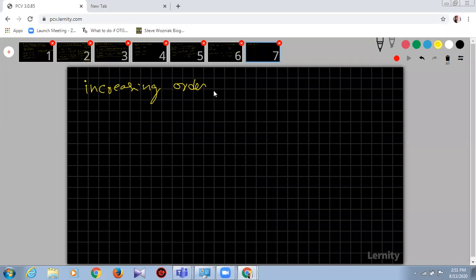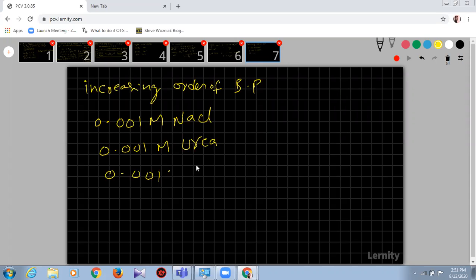What is the data given? 0.001 molar NaCl, 0.001 molar urea, 0.001 molar magnesium chloride, and 0.01 molar NaCl.